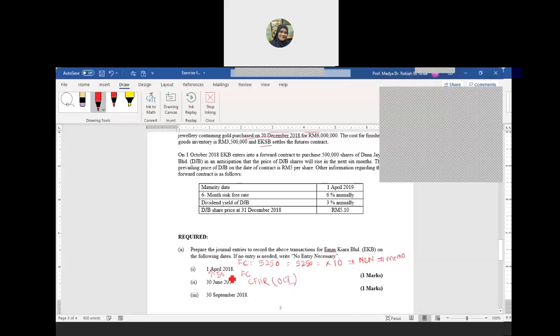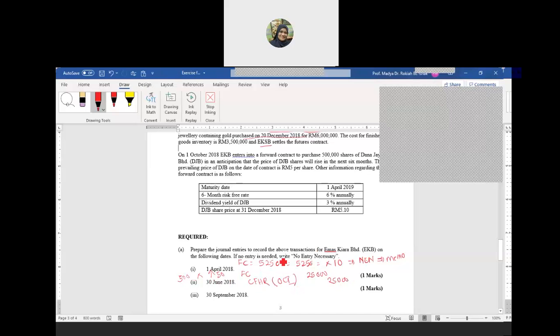This 50 needs to be multiplied by 500 ounce, so you're going to have 25 here. That is the journal entry on 30th of June.